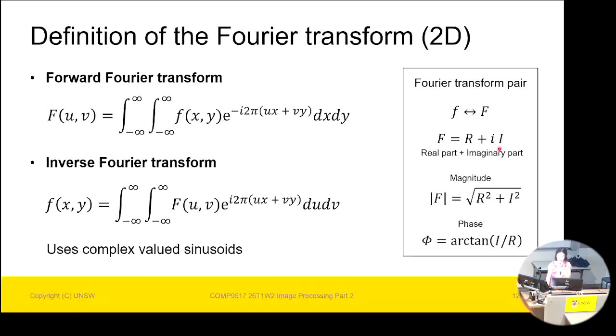And here is some additional information about this e term. Because we have this minus i there, if you actually expand this or divide this into values for a certain image, then you will see the 2D representation actually contains two parts: the real part and the imaginary part.